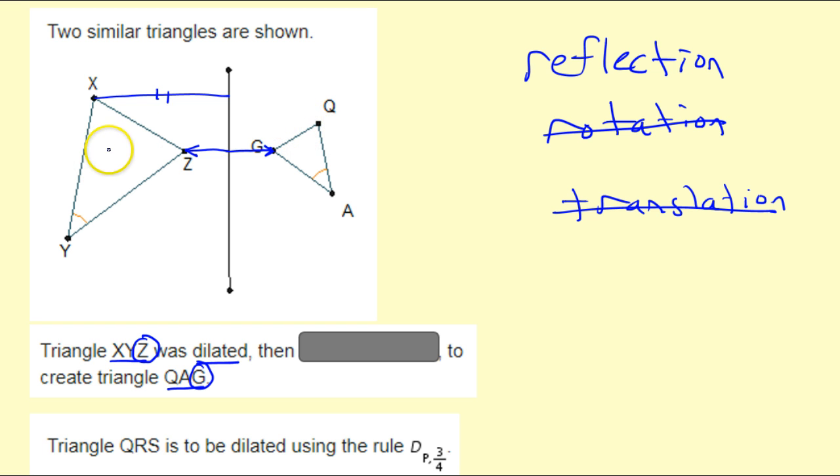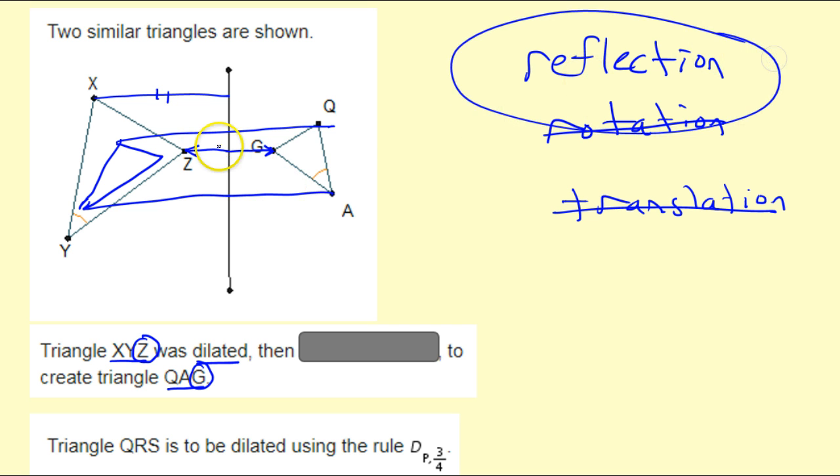Obviously it had to shrink first because of the dilation, and then Y was reflected onto A. So there's a dilation and a reflection. You can see how they're facing in opposite directions. You see the reflecting line right here. Those are both huge hints that you're dealing with a reflection.